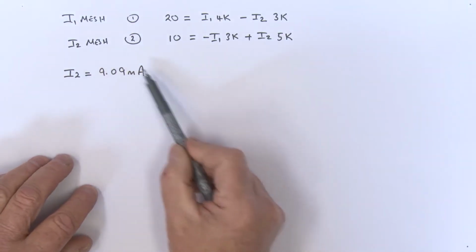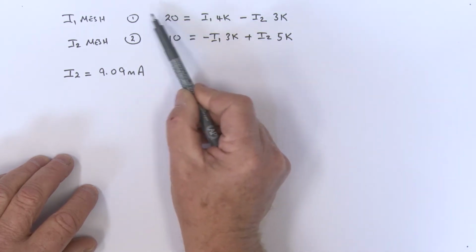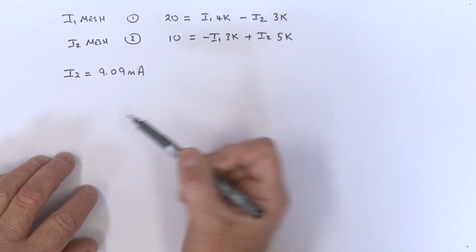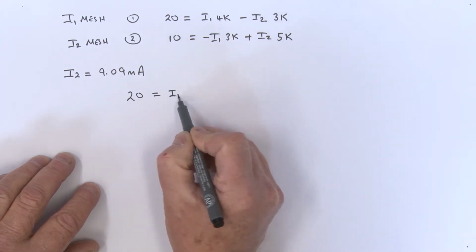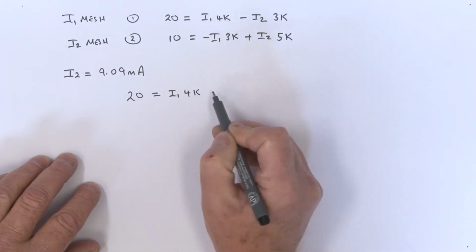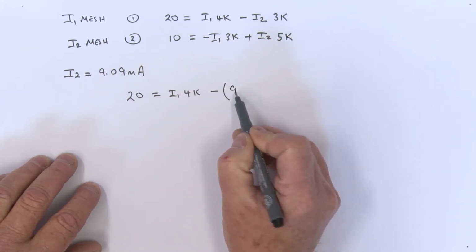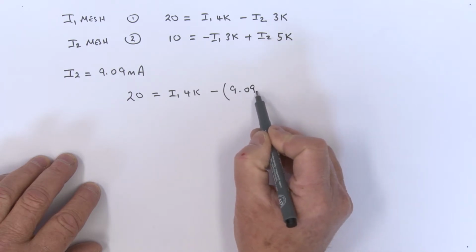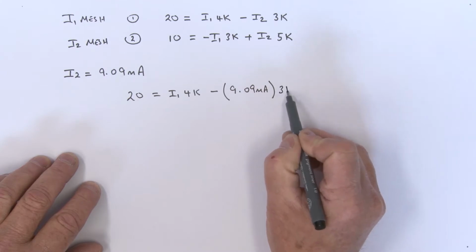If we now take this I2 and substitute it into either one of these equations, I'm going to choose equation number 1. We have 20 is equal to I1 times 4k, minus I2, which is 9.09 milliamps, multiplied by 3k.